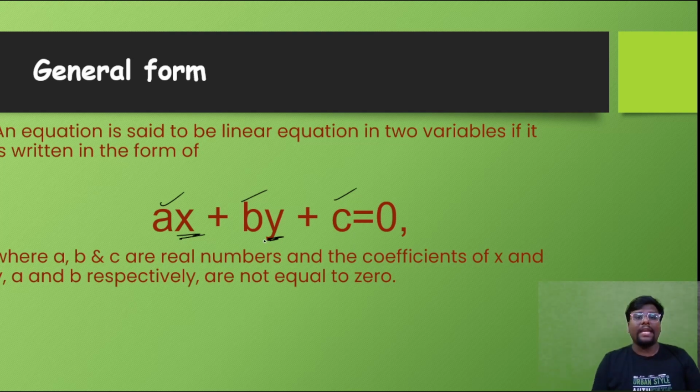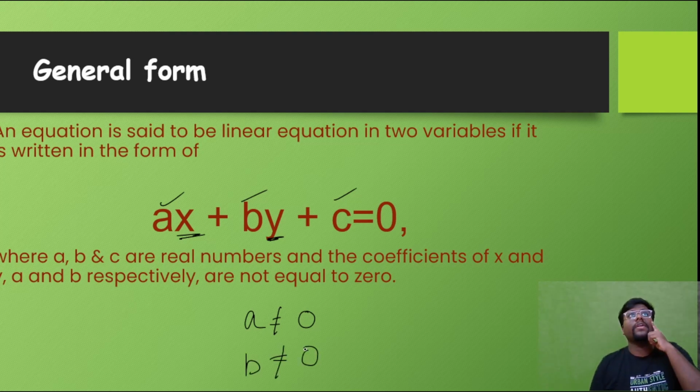Now let's move ahead and check if there are more conditions. The conditions are that a and b respectively are not equal to 0. That is, a cannot be equal to 0 as well as b cannot be equal to 0. Is this a very difficult condition? No. You know why? Because if a is 0, then ax, this complete term will become 0. Again, the same goes for this.